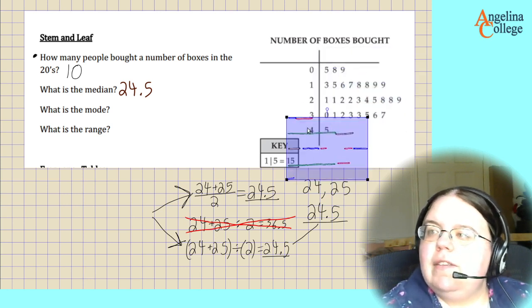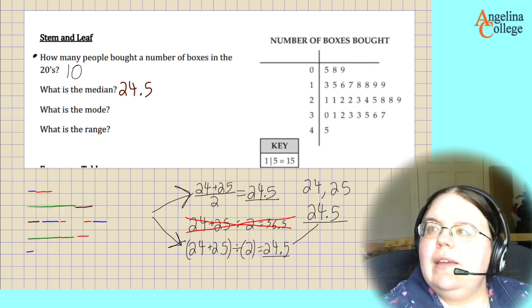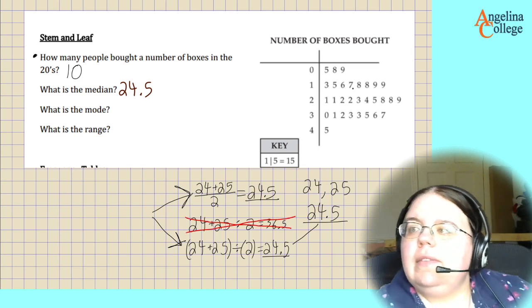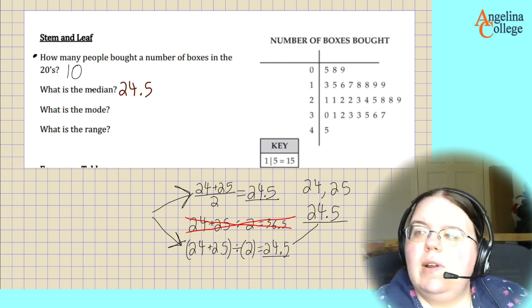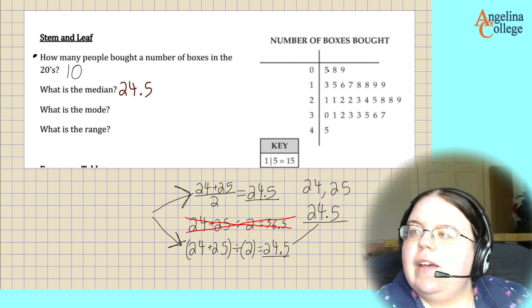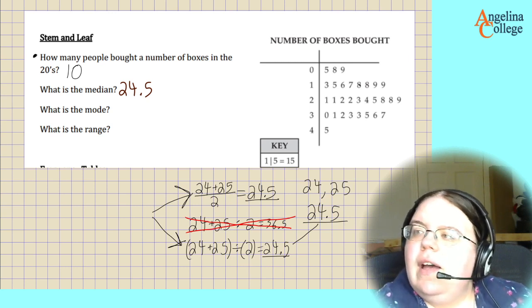Okay, now what about the mode? Let me just move these marks out of the way. We don't really need them for anything else. So for the mode, we're looking for whatever there's the most of. I see that there are 2 of a few things. So I'm just going to go through and cross out everything there's only 1 of.